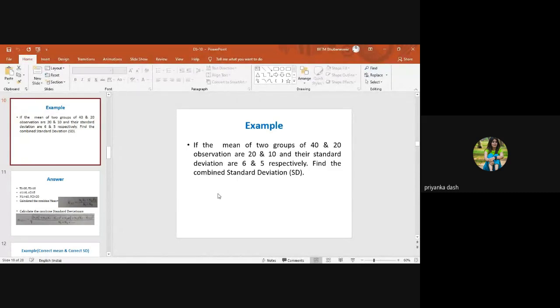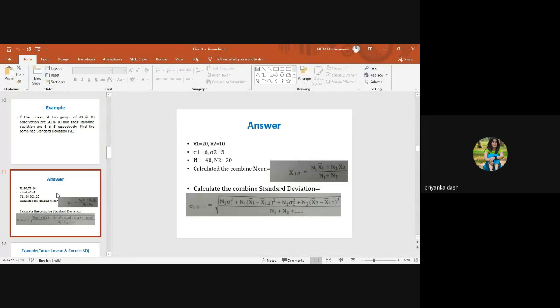Read the question: mean of 20 and 20 observations. N1 is 40 and x1 bar is 20, so N1 x1 bar is 800.